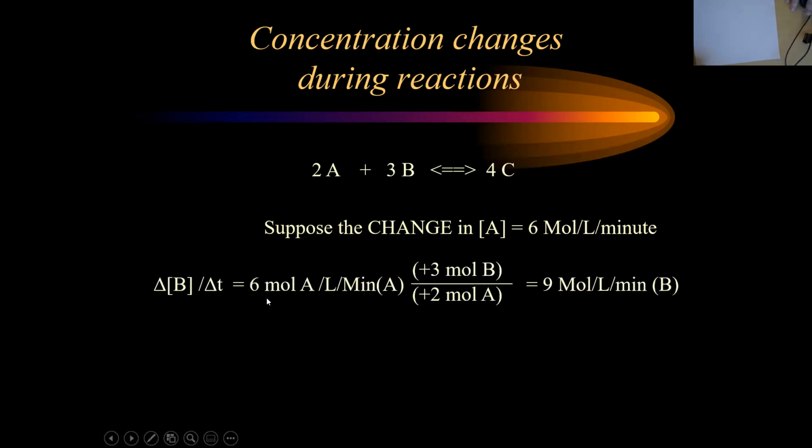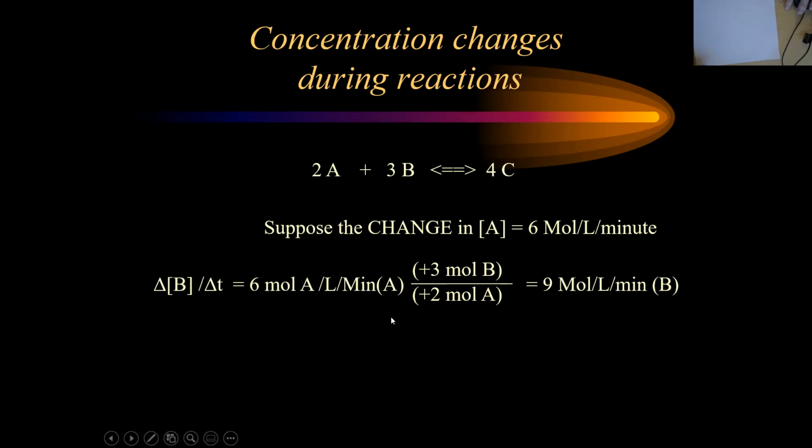If I want to know the change in concentration of B, I can just say, okay, I'm going to take the 6 moles per liter per minute of A. In the balanced equation, there's 2A that react with 3B. I put the plus signs in there to remind us that they're both on the same side of the equation. If one is increasing, the other is increasing. If one is decreasing, the other is decreasing.